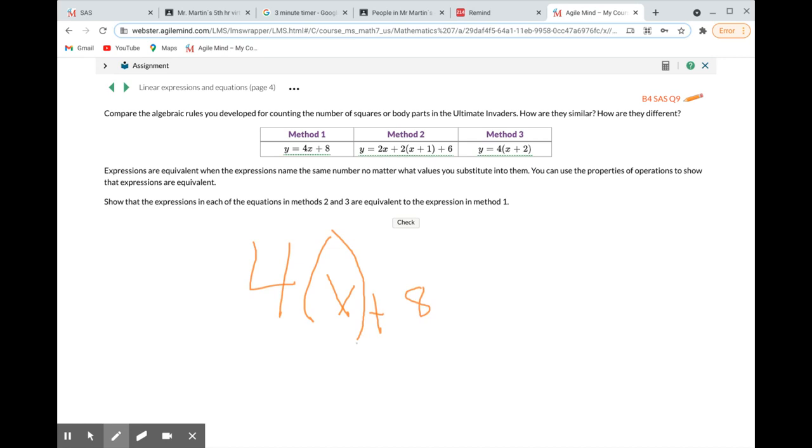What would you have to do? Remember that this was y equals 4 times x plus 8, and y stood for the body parts. So what could we put in for y, since I said there are 48 body parts?